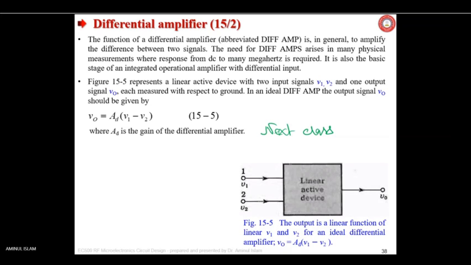There is a little notational difference you are observing, otherwise nothing, the same thing. So AD is the gain of the differential amplifier, and we are going to abbreviate it as DIFFAMP.